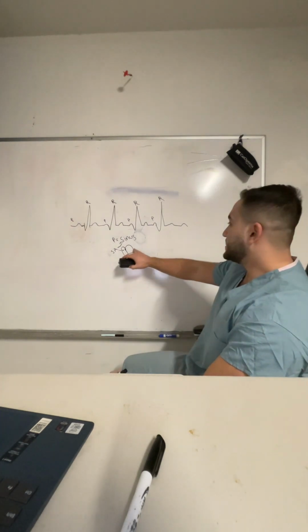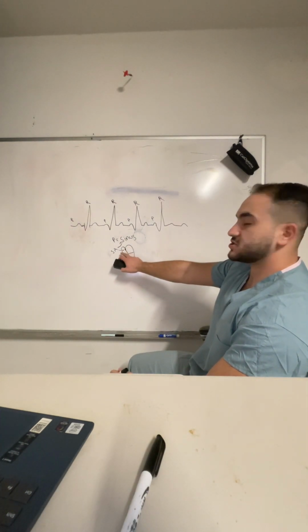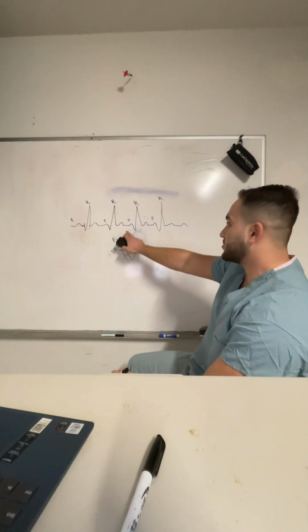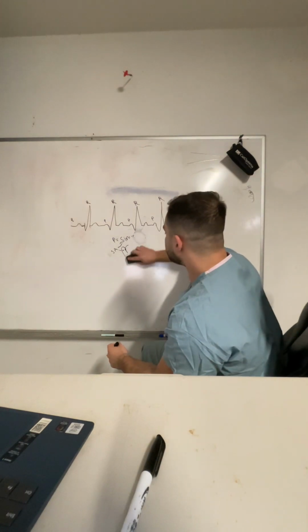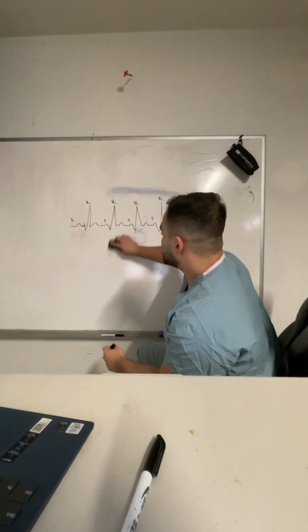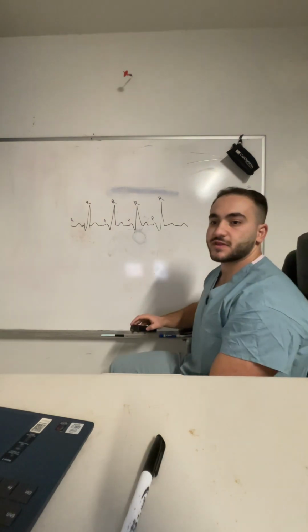Our SA node is the sinus node. That's where our atrial contraction begins. That's where this whole chain starts. It all starts with a P wave. So if we have a P wave present, we say that it is sinus rhythm.